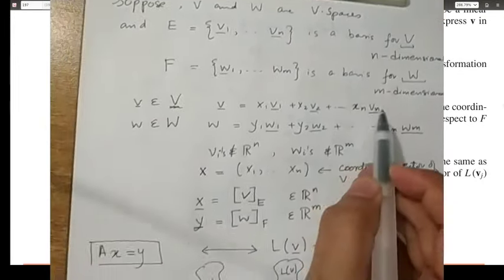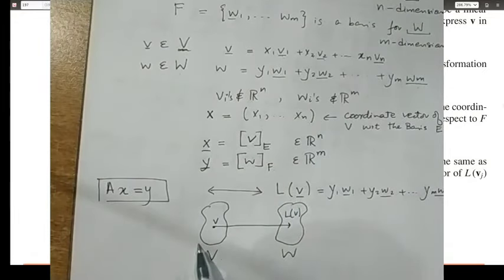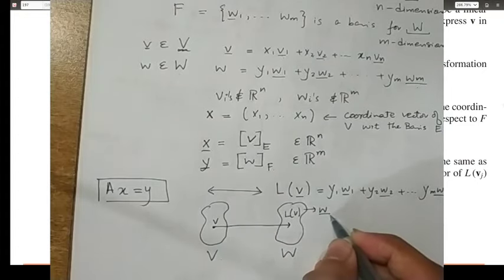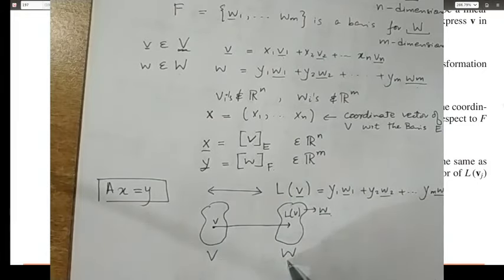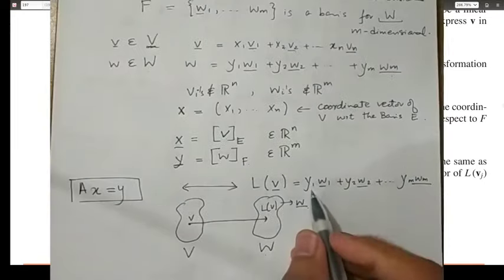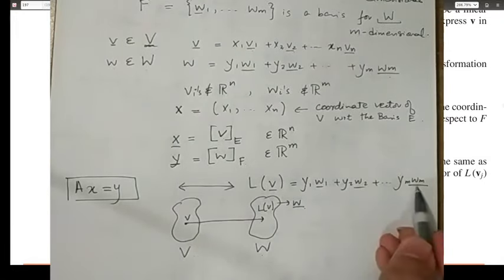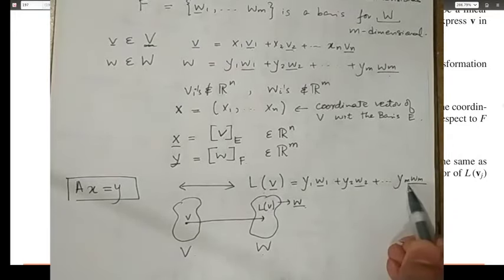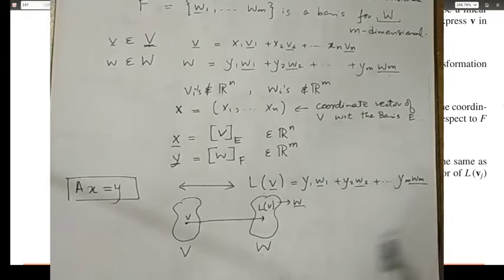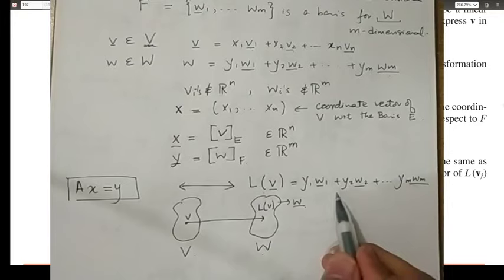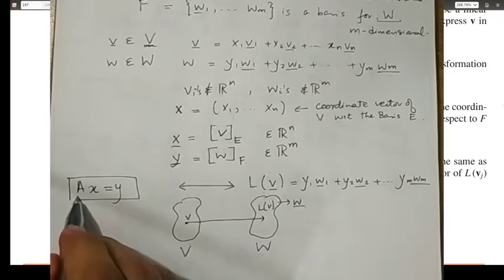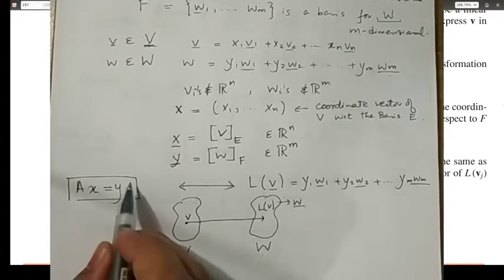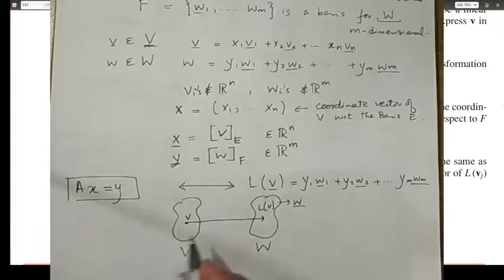So x is a coordinate vector for this vector v, and L(v), let's call this vector w, is in vector space W, which means it can be written as a linear combination of the basis vectors of W. So L(v) can be written as y1 w1 plus y2 w2 up until ym wm. And so if you can do this, then there is a matrix A that, if you multiply it with the coordinate vector of v, you will get the coordinate vector of w.